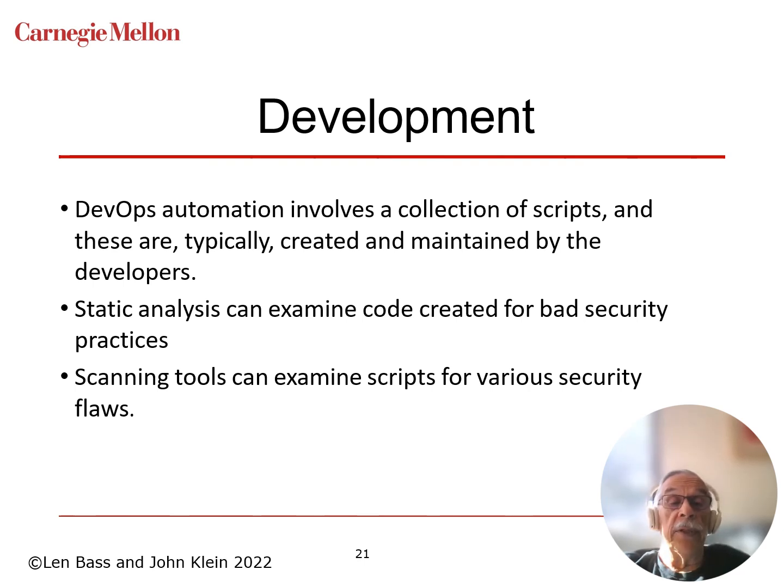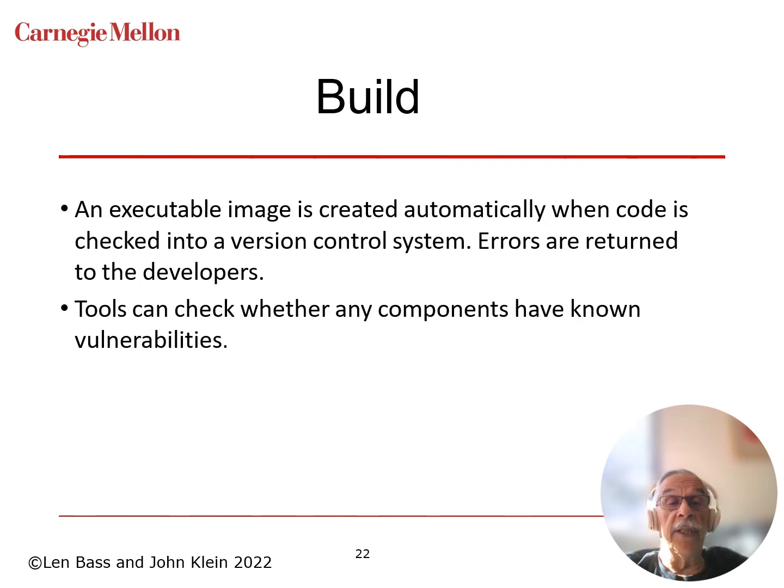And you can also use static analysis to examine code. A static analyzer is a tool that looks at your code and says these are some problems with your code. And there are tools that can scan the scripts and look for various security flaws. And we'll get into all these things.